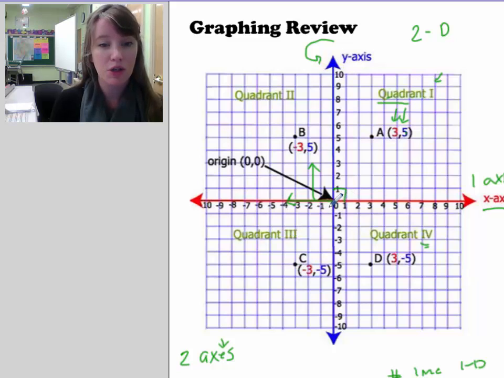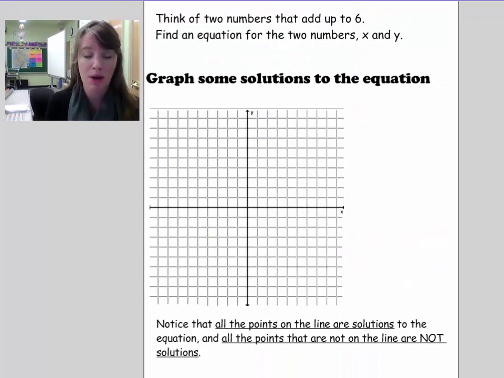In the third quadrant, you are negative for both coordinates because it's left of the y-axis and below the x-axis. In quadrant 4, only the y-coordinate is negative. Make sure you have this in your notes because it's a key part of figuring out where points are located or how to graph them.